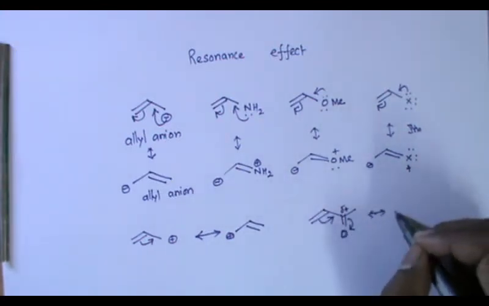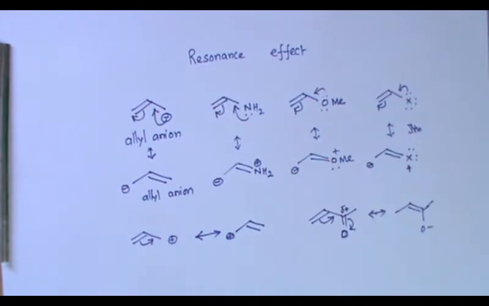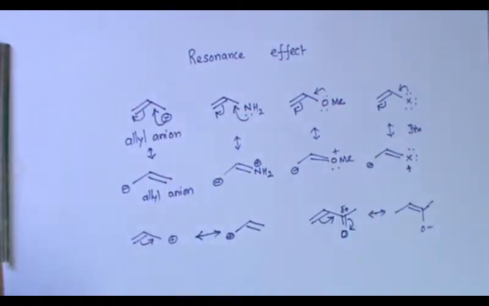This undergoes resonance to give this. So the resonance can take place in the case of allyl anion, allyl cation and alpha beta unsaturated system. Whenever there is an electron withdrawing group, there is a possibility for resonance effect.